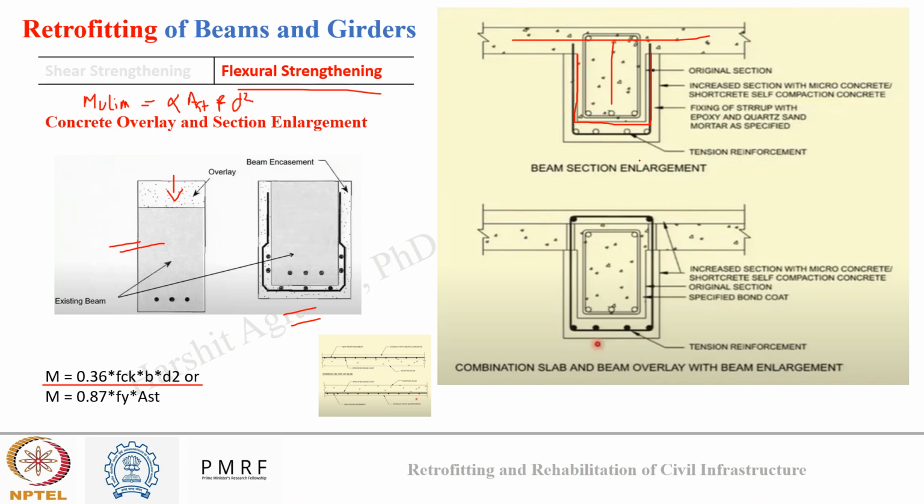In the second diagram, the T beam, a combination of beam and slab, was retrofitted from both top and bottom. At the top a concrete overlay was provided, and at the base section enlargement was done. To ensure that the old concrete is connected well with the new concrete, the reinforcement was run throughout the old and the new concrete.